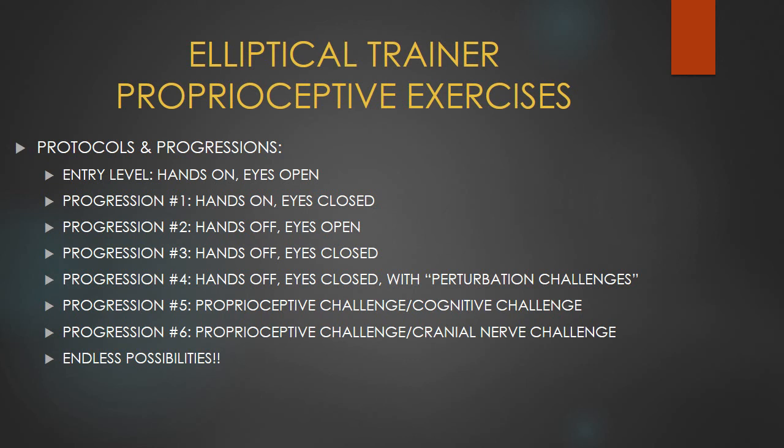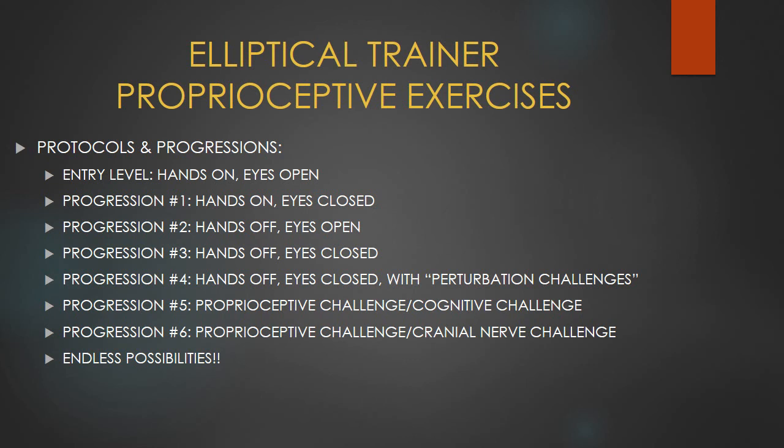Now, once you get this motor pattern established and you establish good control, you can then proceed on to the next progression, which is to take your hands off the handles but keep your eyes open. This requires quite a bit more balance to let go with your hands, but to maintain your balance without falling off the elliptical trainer and still maintain the cadence provided by the trainer.